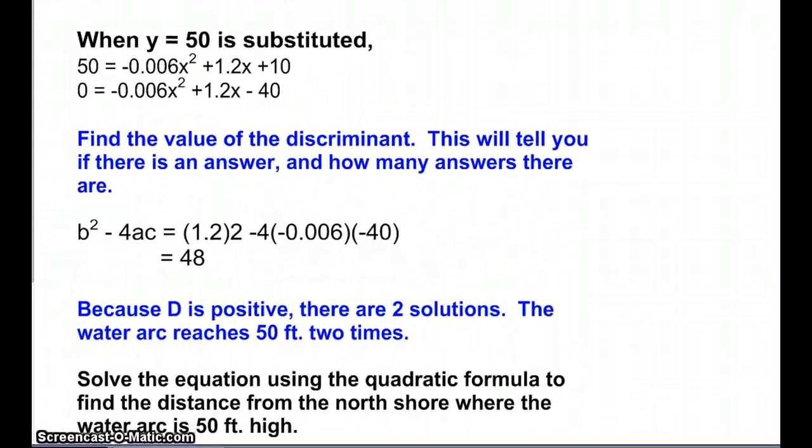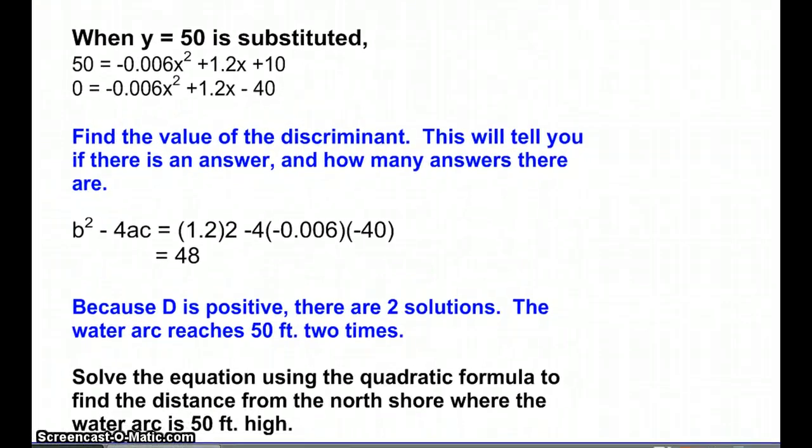When 50 is substituted in the equation, you get 50 equals negative 0.006x squared plus 1.2x plus 10. Bring the 50 over to the other side, so your constant term now becomes negative 40. Find the value of the discriminant. This will tell us if the arc ever reaches 50 feet.